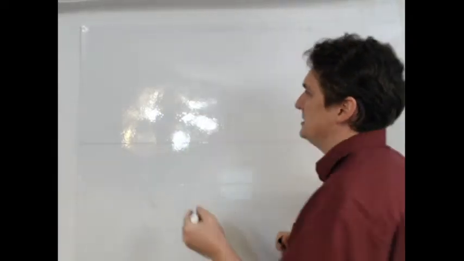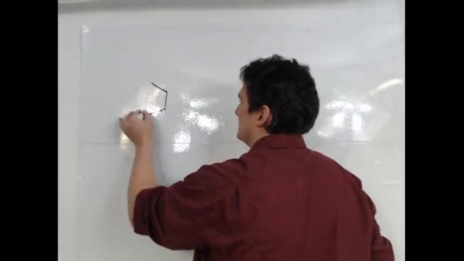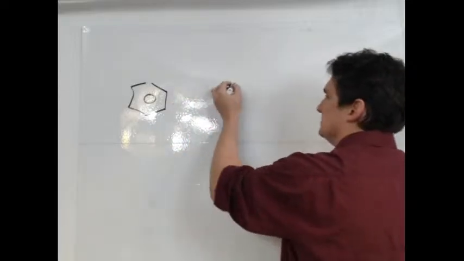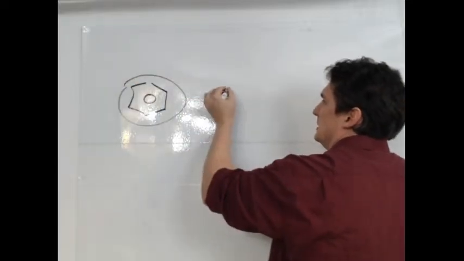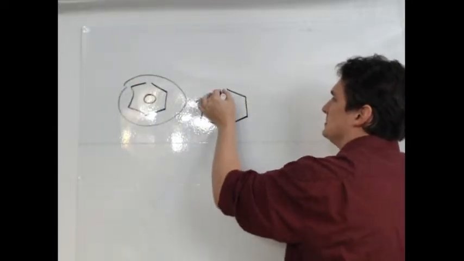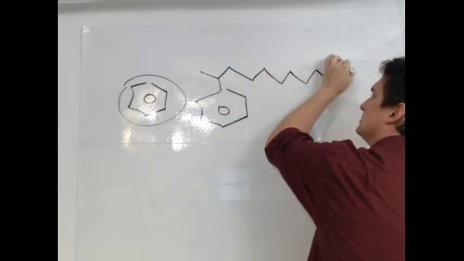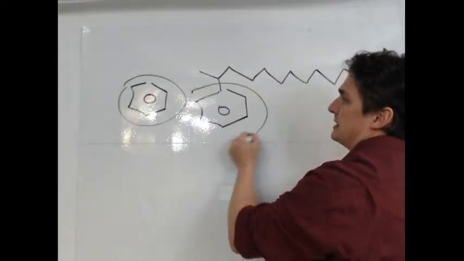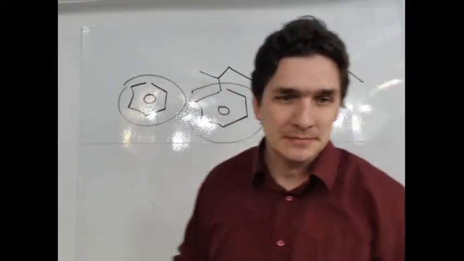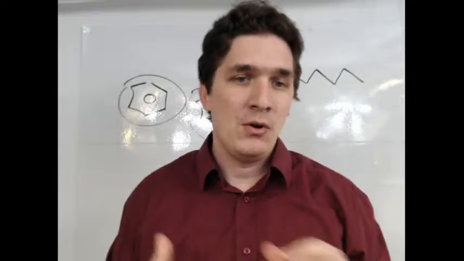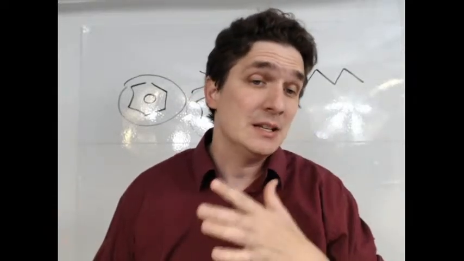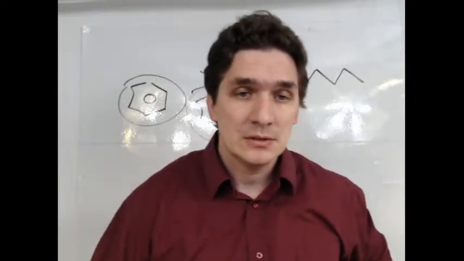If we look at something like benzene versus a massive alkyl benzene, this is an aromatic compound because of this part, and it's still aromatic. It's got an aromatic component, but not the whole thing's aromatic anymore.